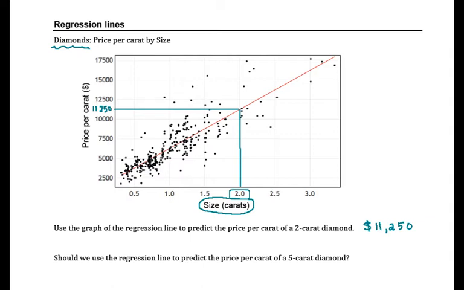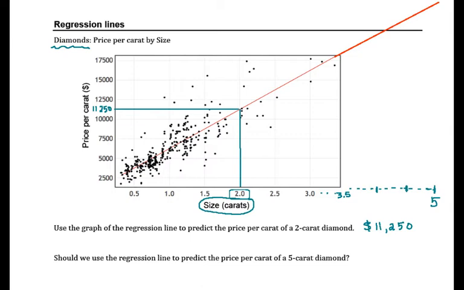Next question is, should we use this regression line to predict the price per carat of a 5-carat diamond? When I try to locate 5 carats on here, I'm up at 3.5 at the end of my graph and at the end of my data set. Then this would be 4, 4.5, 5 would be way out here. If I were to use this line to predict the price per carat of a 5-carat diamond, I would be assuming something really important.